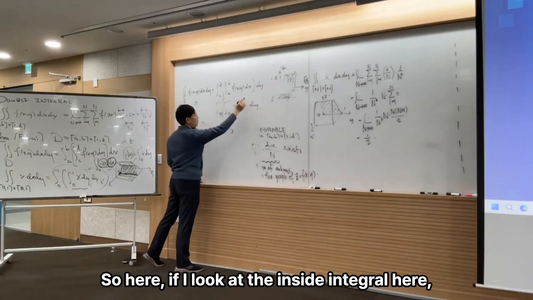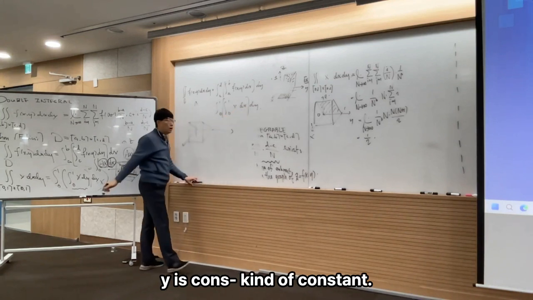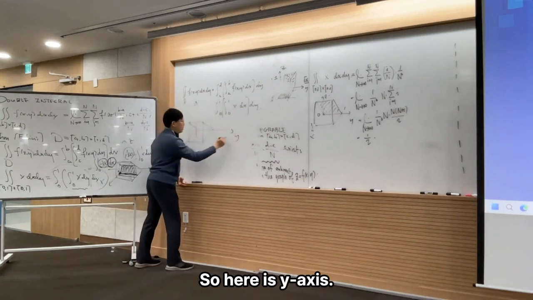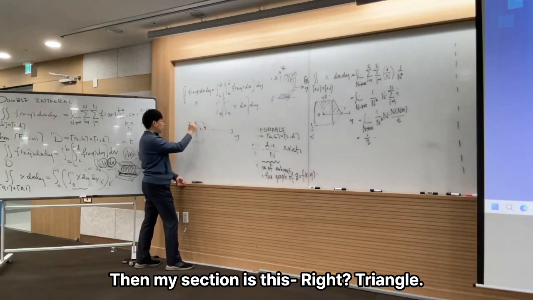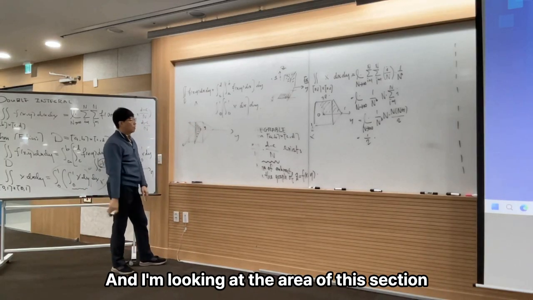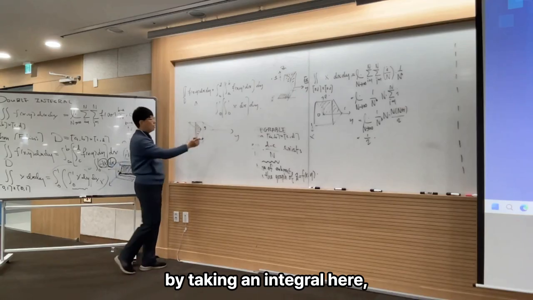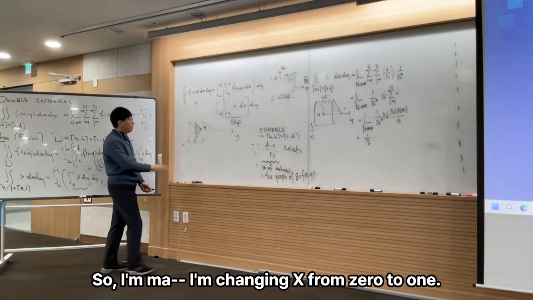If I look at the inside integral here, I'm changing x, considering y as a kind of constant. Here is the y-axis. Let's say my y is right here. Then my section is this, a triangle. And I'm looking at the area of this section by taking an integral here. Let's call this b(y).